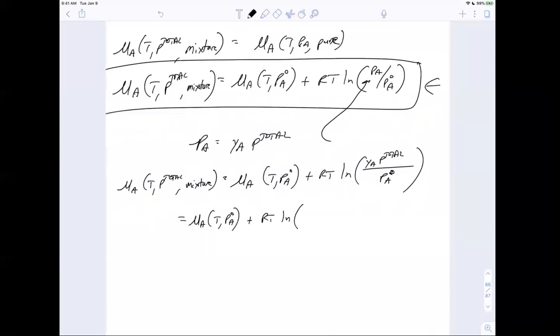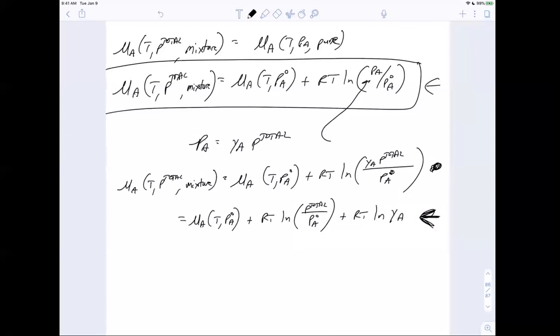What I'm going to do is isolate the y sub A term, and what I'm going to be left with is P total over P_A superscript 0, plus RT natural log of y sub A. So in the natural log in this equation, I have the product of y sub A times the ratio of P total over P_A superscript 0. Since I have a product, all I did was decompose the log into the sum, because log of a times b is equal to log of a plus log of b. That gives me this expression.